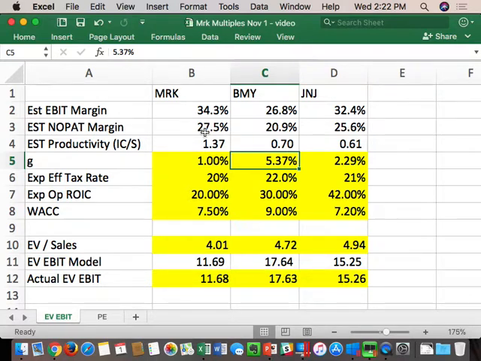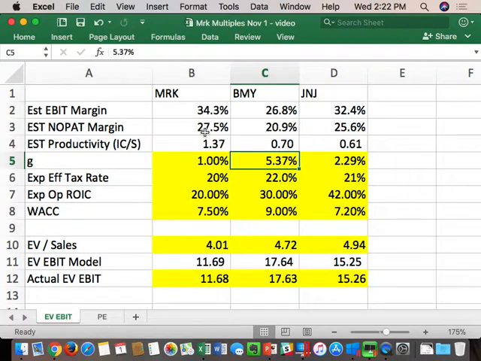Merck has to reinvest twice as much as J&J and Bristol-Myers. Because for every dollar of sales, they're putting $1.37 of capital into their business. For every dollar of sales, Bristol-Myers is putting 70 cents of capital in their business. About half of Merck's. So think about this.